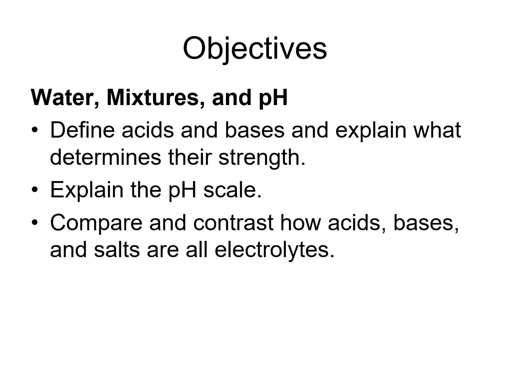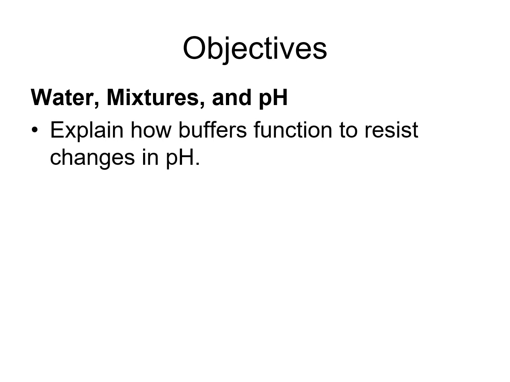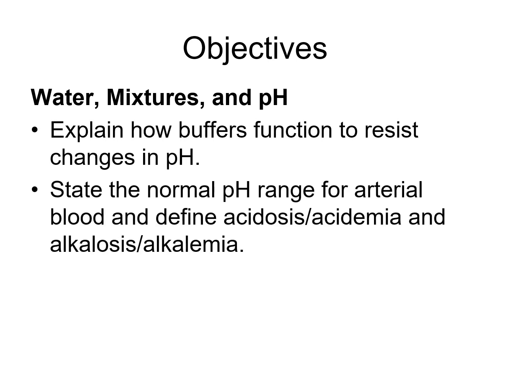Compare and contrast how acids, bases, and salts are all electrolytes. Explain how buffers function to resist changes in pH. State the normal pH range for arterial blood and define acidosis or acidemia and alkalosis or alkalemia.